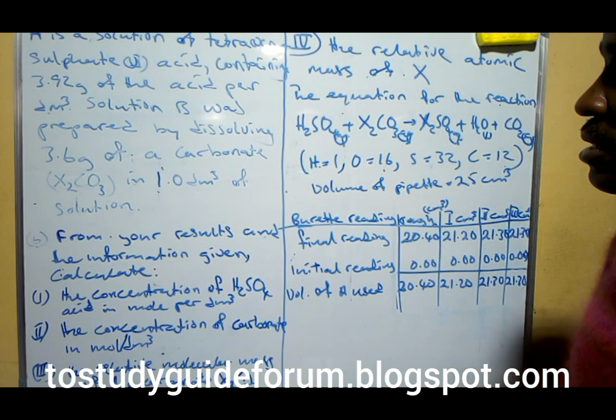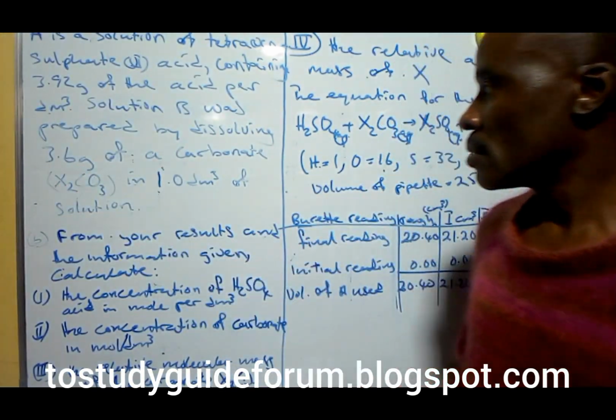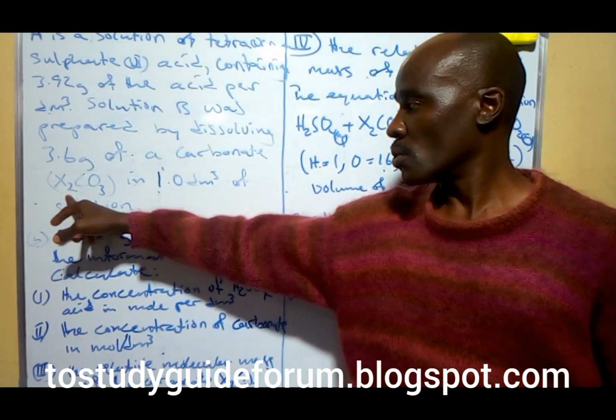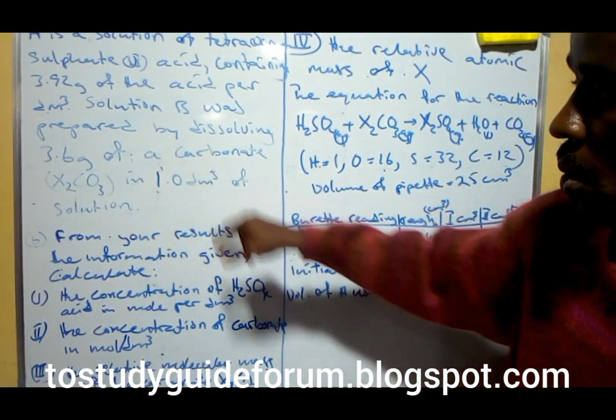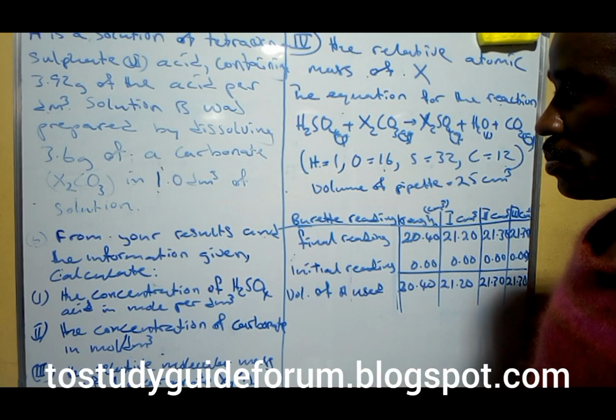B was prepared by dissolving 3.6 grams of the carbonate, X2CO3, in 1 dm cube of solution.